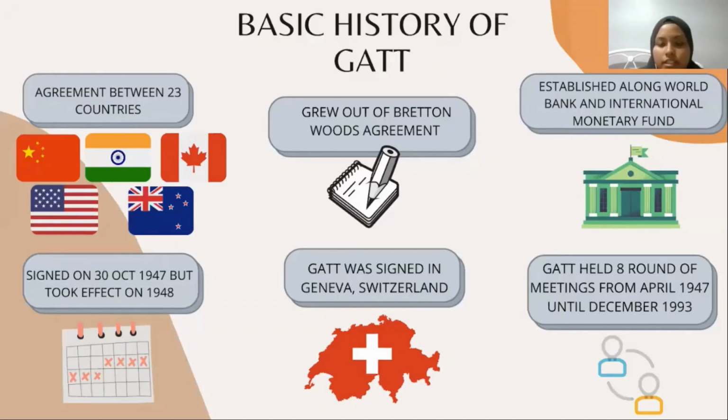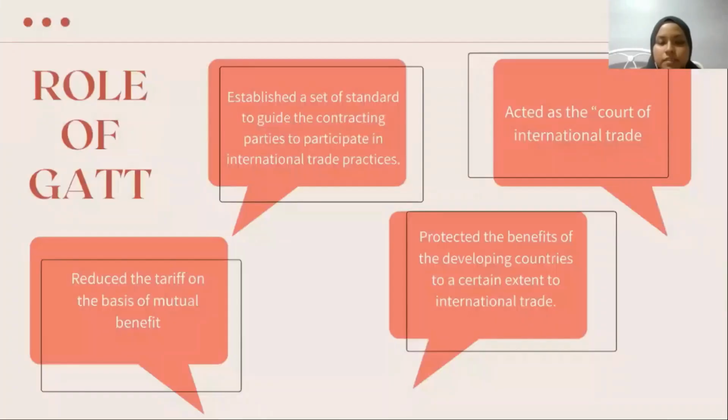GATT was signed in Geneva, Switzerland, and held 8 rounds of meetings from April 1947 until December 1993. The role of GATT is to establish a set of standards to guide the contracting parties to participate in international trade practices.